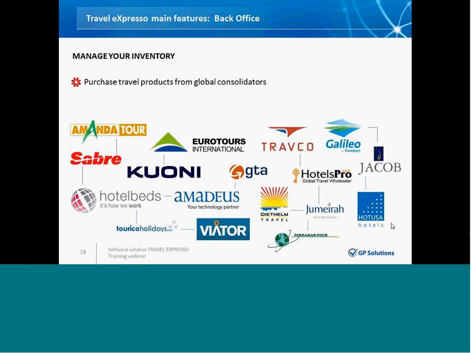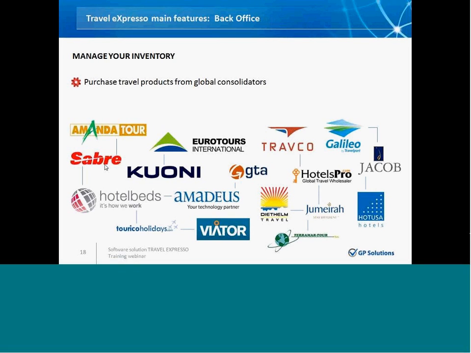Let's see these capabilities in more detail. What about purchasing travel products from external suppliers? Here on this screen, you see just a few logotypes of the global consolidators that are currently available in the system. For example, you can connect to famous GDSs like Galileo or Sabre or Amadeus for flight booking. You don't need any more terminals for your sales office.